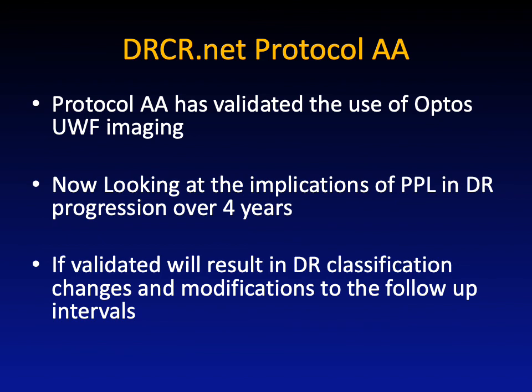Right now, we're waiting for the results of the 4-year prospective study, which will show us whether PPL are in fact associated with increased DR progression rates. And if these results are validated, then this will result in DR classification changes and modifications, which will incorporate predominantly peripheral lesions into the DR classification system.